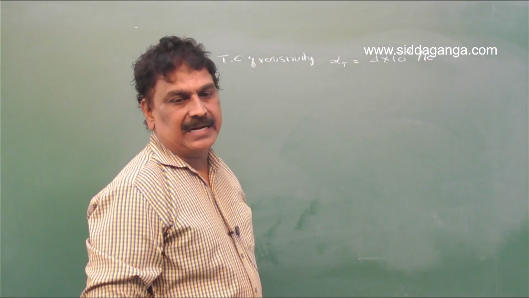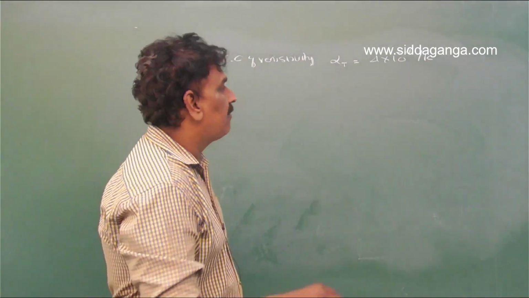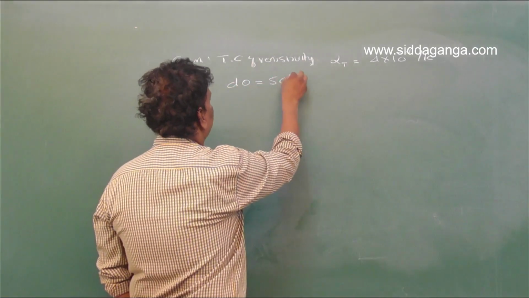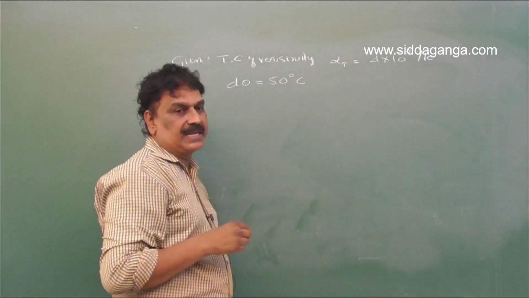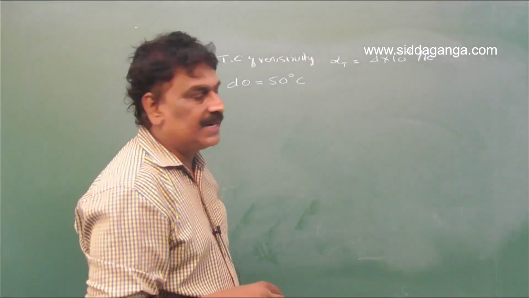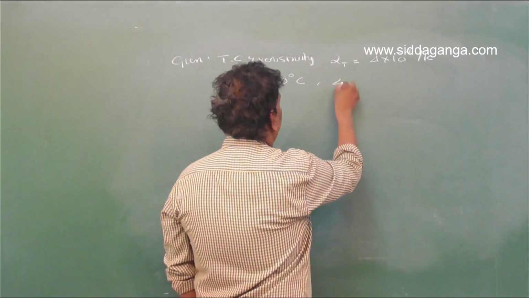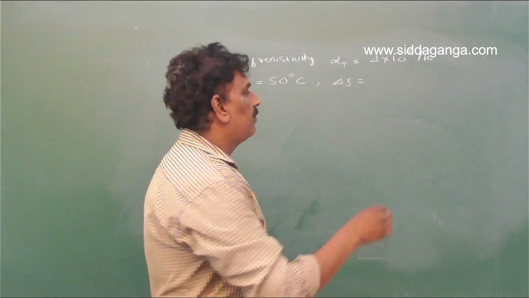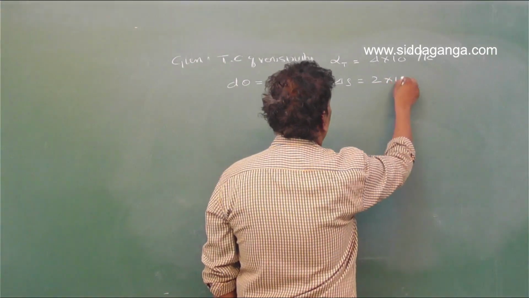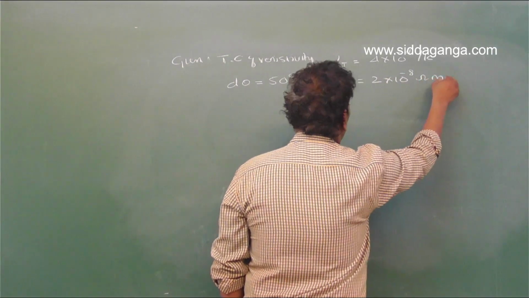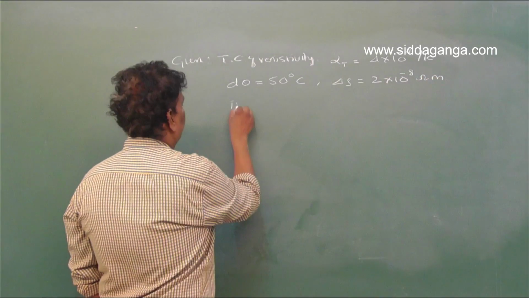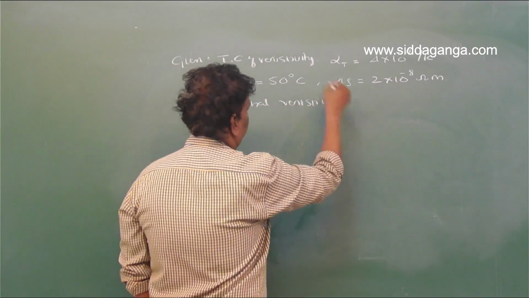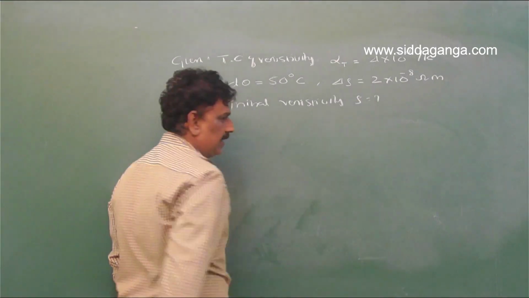When the temperature is increased by 50 degrees Celsius, that is, the change in temperature is 50 degrees Celsius, its resistivity changes by delta rho equal to 2 into 10 power minus 8 ohm meter. We need to find the initial resistivity, rho.